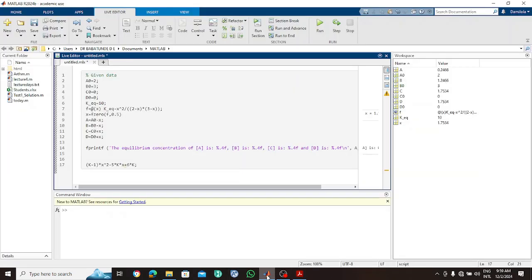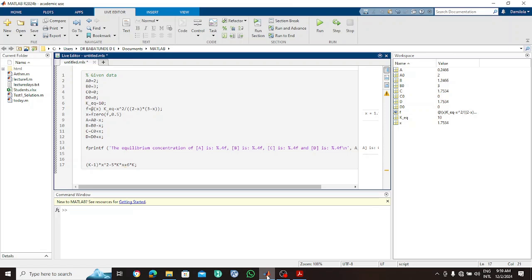Okay, Alero says k minus 1 x squared minus 5k. It's not minus 5k, it should be minus 5kx plus 6k. Another person might have something, the sign might change for another person depending on how you moved it.